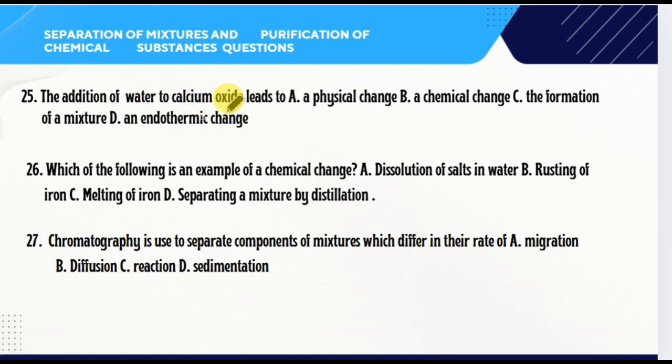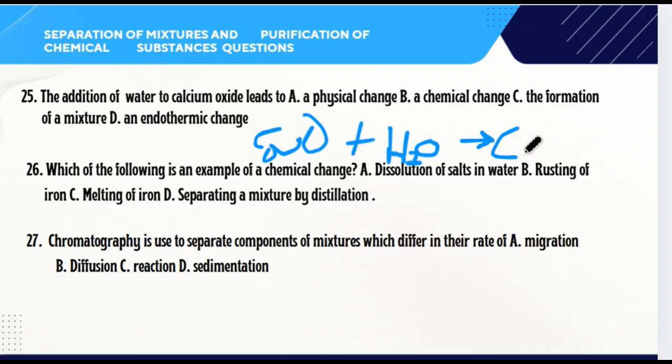The addition of water to calcium oxide leads to dash. If you add calcium oxide to water, it is going to give you calcium hydroxide.